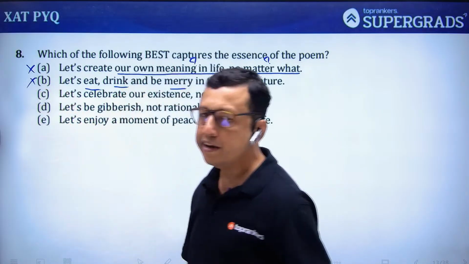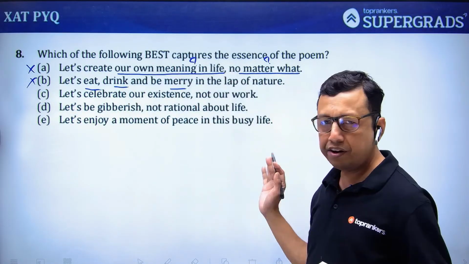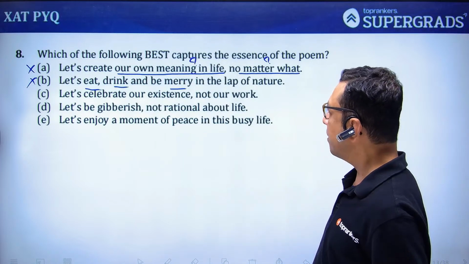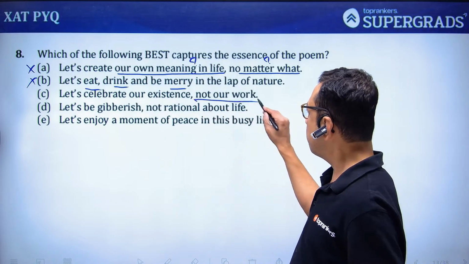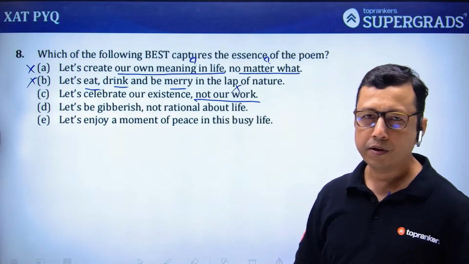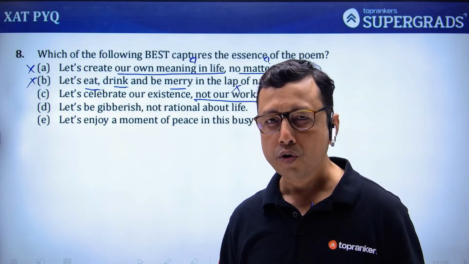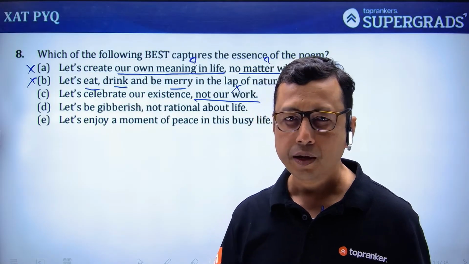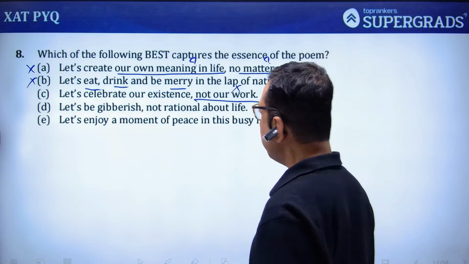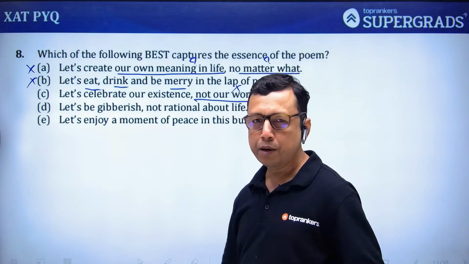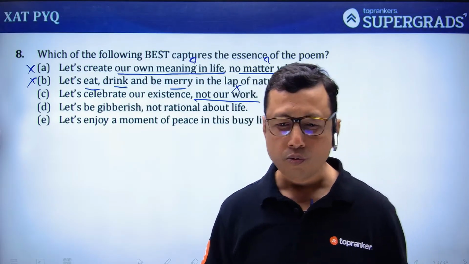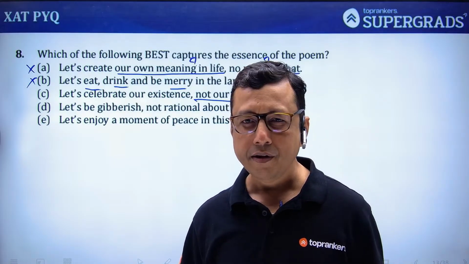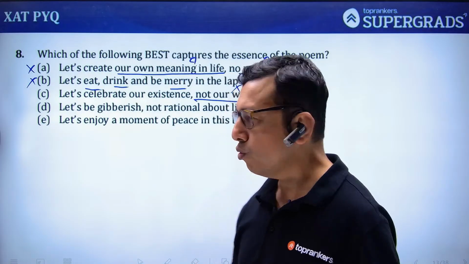Second one is a clear case of exaggeration. He doesn't say this. Let's celebrate our existence, not our work. He does not want you to ignore your work, right? All he's asking is you should take a break. Let's be gibberish, not rational about life, right? तो कुछ अलग करते हैं, लॉजिक को छोड़ते हैं, ऐसी बात तो नहीं कर रहा है.